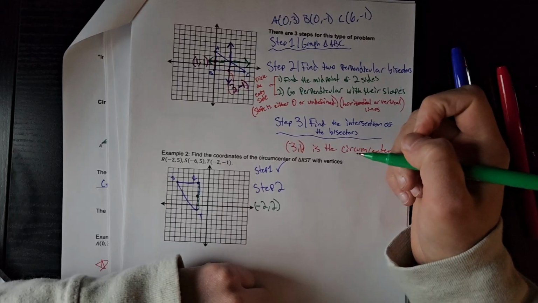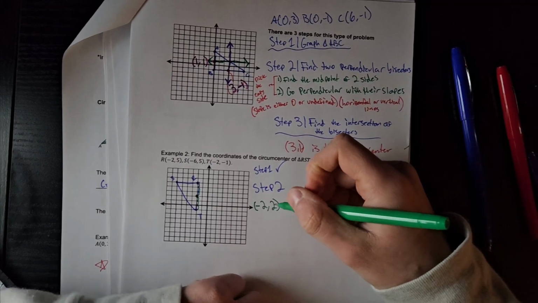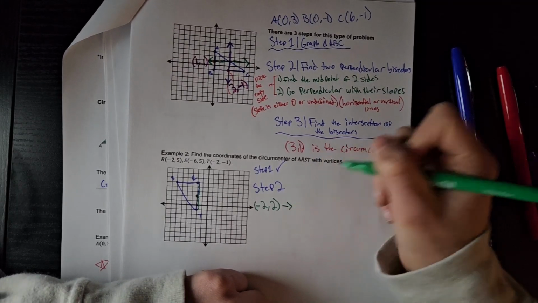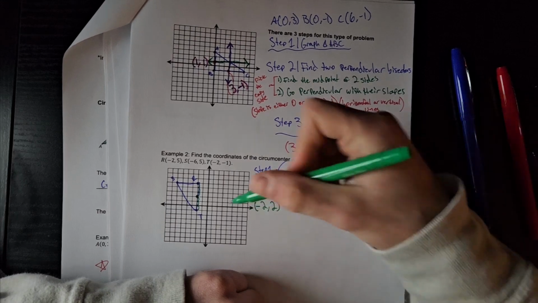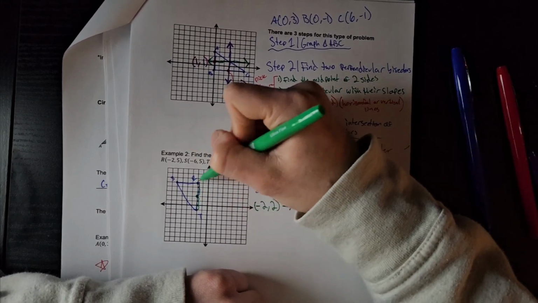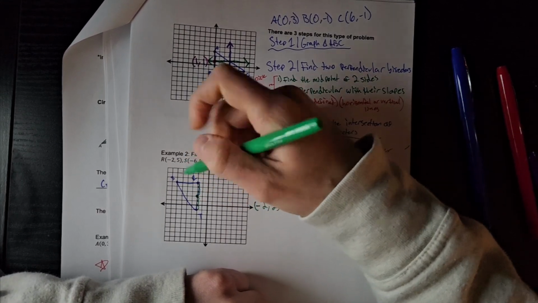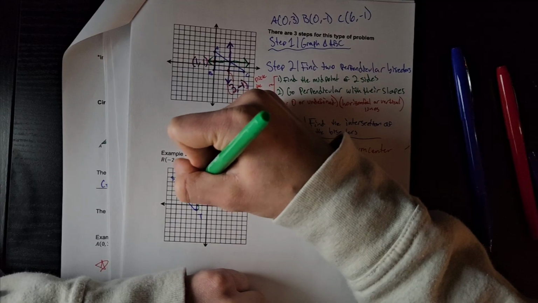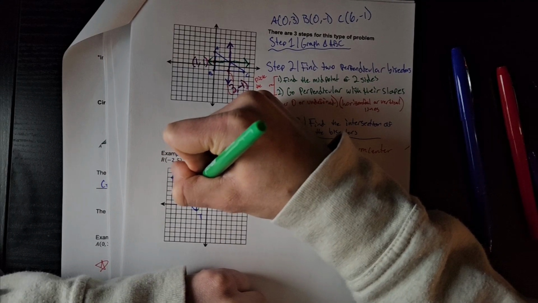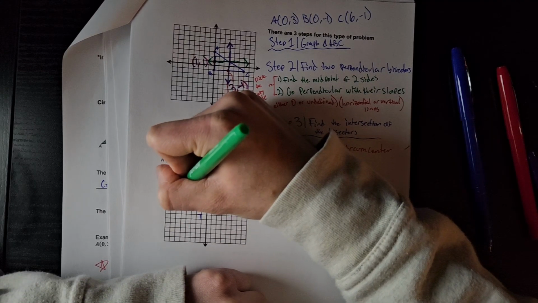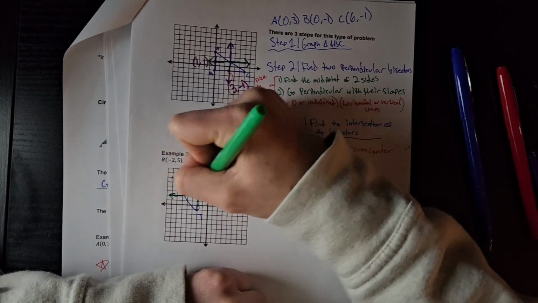I guess I'll find the bisector right now. So to find a bisector going this way, remember we're going vertical right now, so I need to go horizontal from this midpoint itself. So we'd go this way for that midpoint.